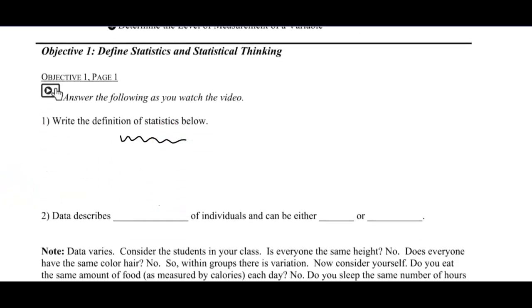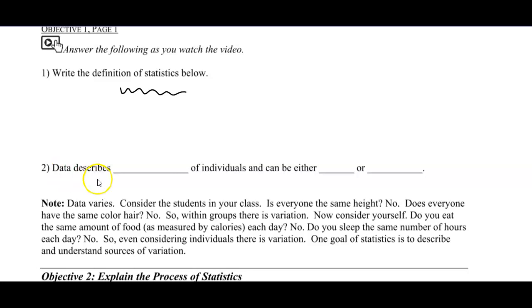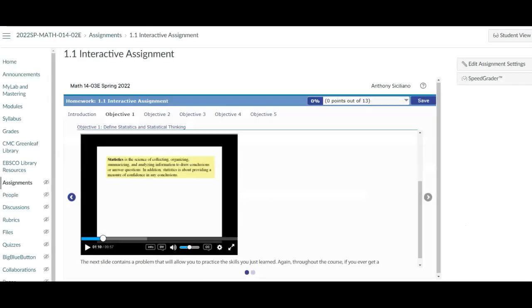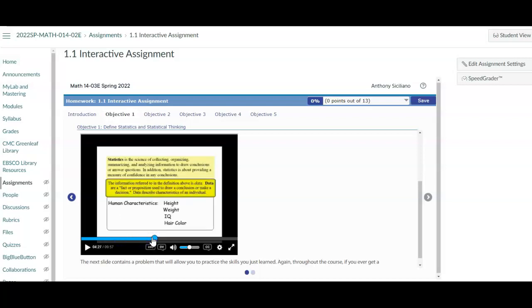And then the next part says data describes blank of individuals and can be either blank or blank. So let's go back to this video. As I move a little further, and as you read, it says here that the information referred to in the definition above is data.